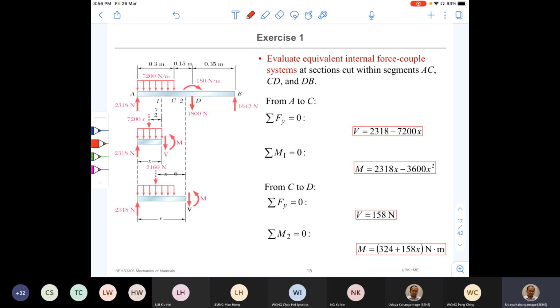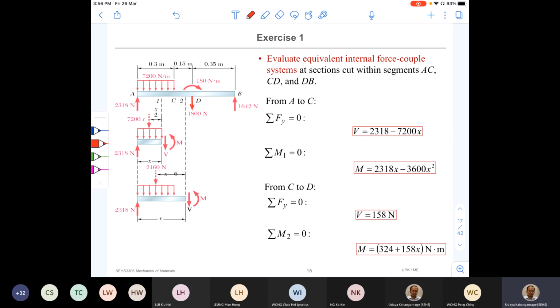But after C, suddenly there's no load. Therefore, the same function we can't use for the shear force variation and bending moment variation between C and D. So for C and D, we have to write another two equations, right? The same thing happens at D because it's a load application point. So from D to B, again, we can represent the shear force and bending moment using continuous functions.